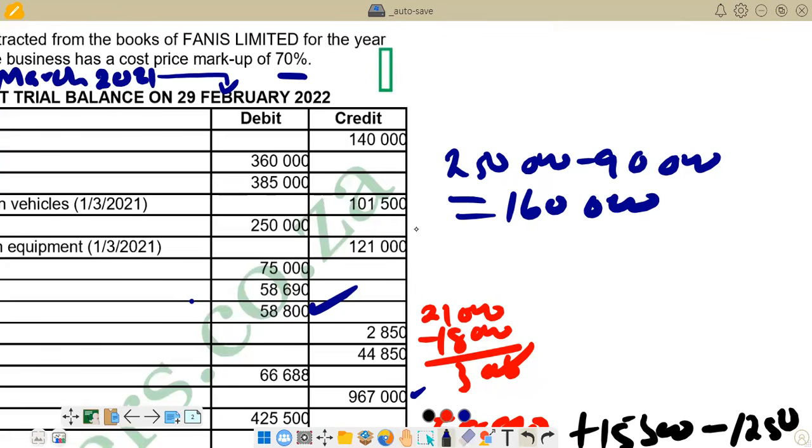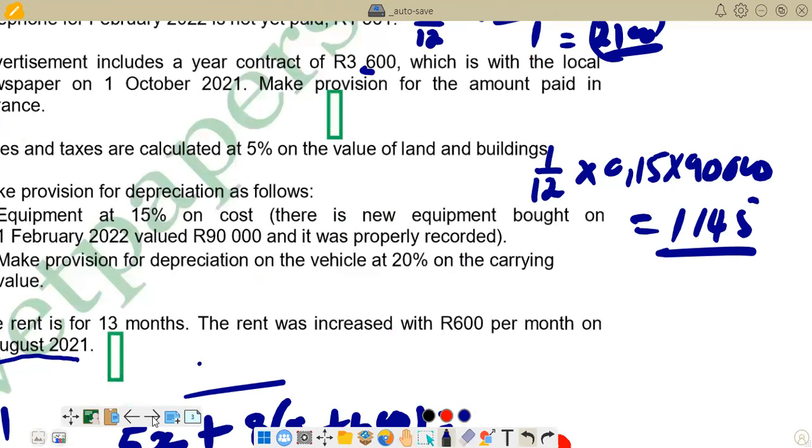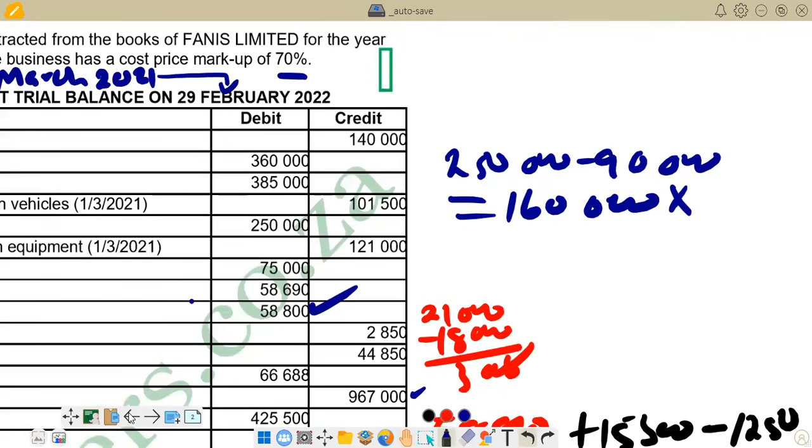So this is the cost of those that stayed for the whole year. And then we multiply by the percentage. Remember, the percentage is 15%. We are seeing it, so we multiply by 0.15. Let's calculate that again: 160 times 0.15.